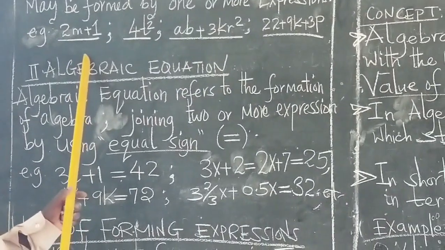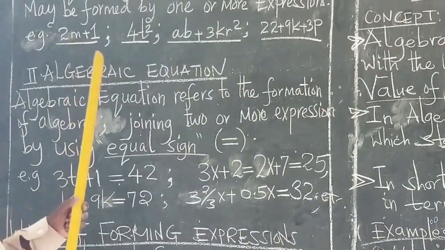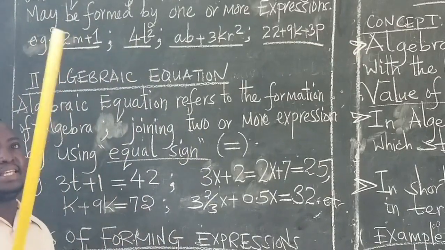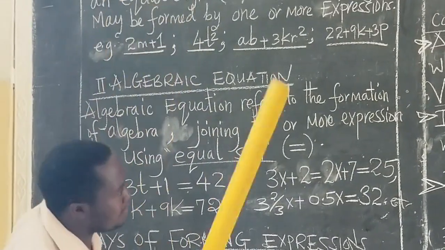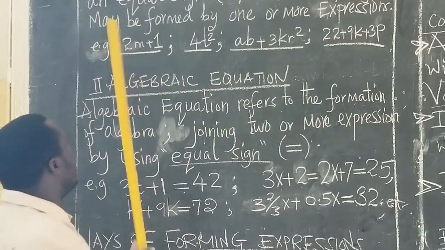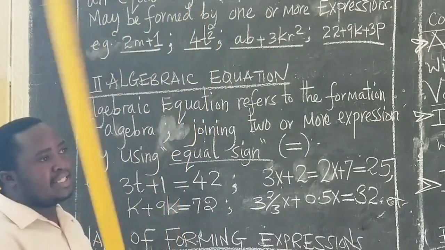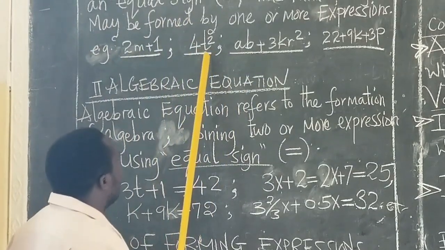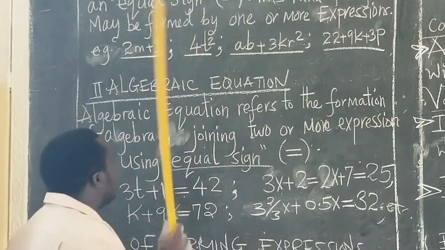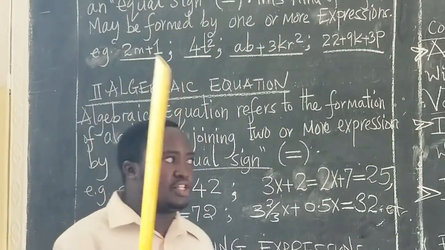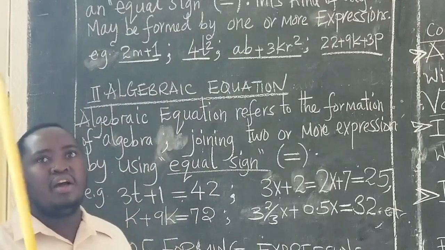Example, here we have 2m plus 1. That is an expression because there is no equal sign. We have 4 squared t. That also is an expression because there is no equal sign.